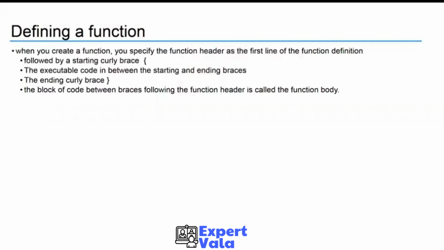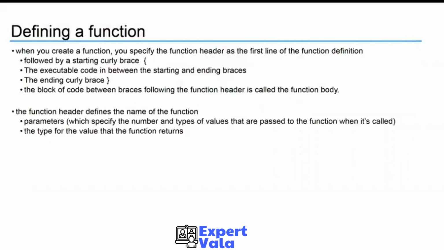So what is between the braces is called the function body, and the first line of the function is called the function header. The function header defines the name of the function and the parameters of the function.